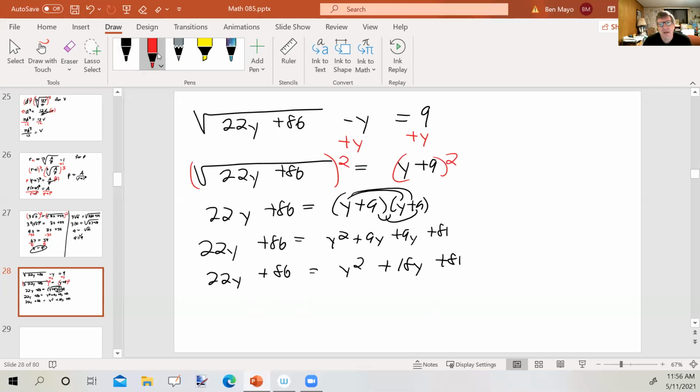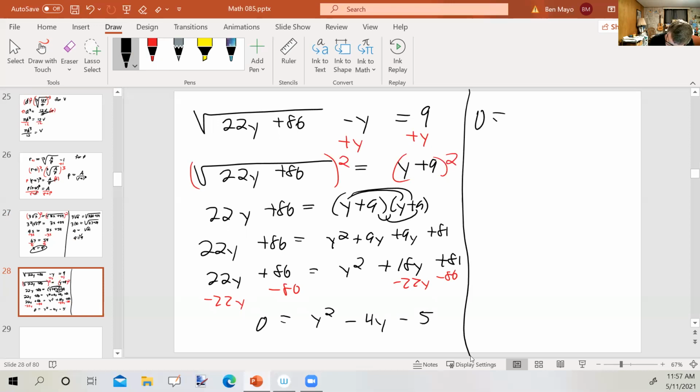It's a second degree equation, so we're going to put everything on the right side equal to 0 on the left. Subtract 22y and subtract 86. We get 0 equals y squared minus 4y minus 5.